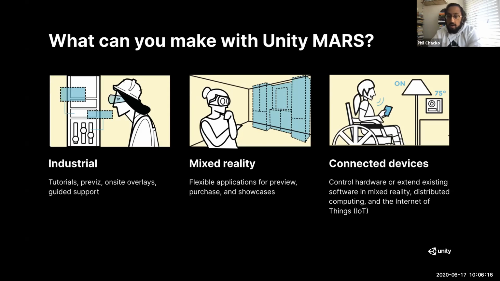And we also hope to cover IoT applications. If you create an AR application that is a controller for a smart home or smart factory, that is another use case that we've created Unity Mars to cover.